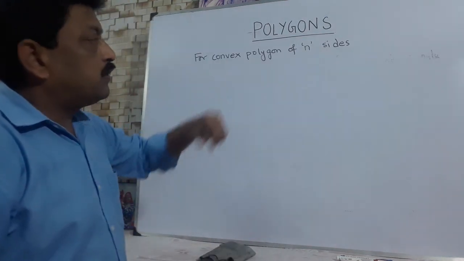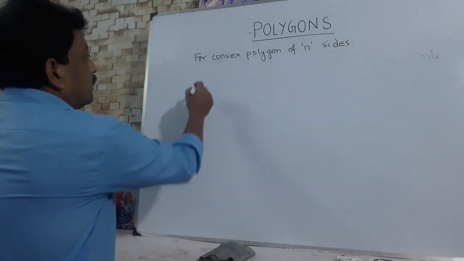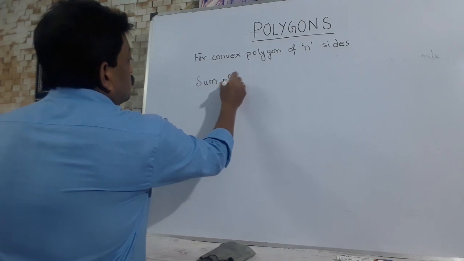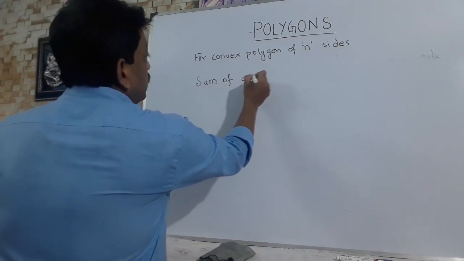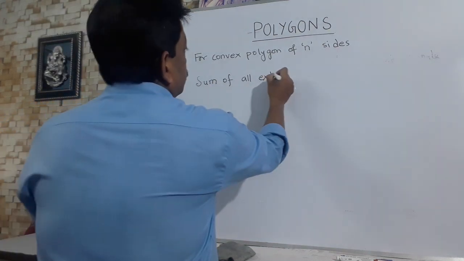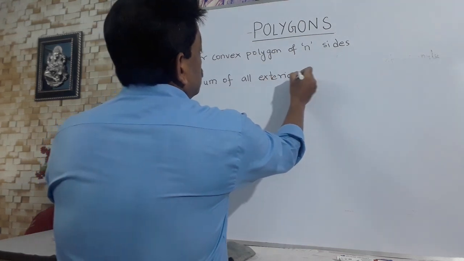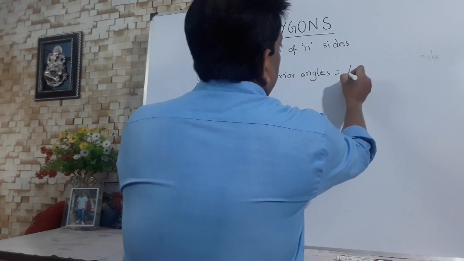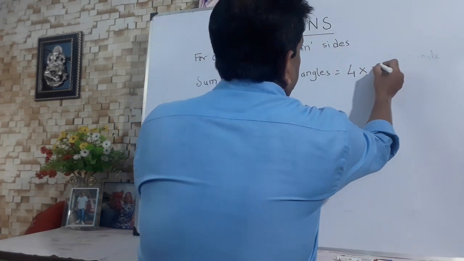For a convex polygon of n sides, the sum of all exterior angles equals 4 into right angles.